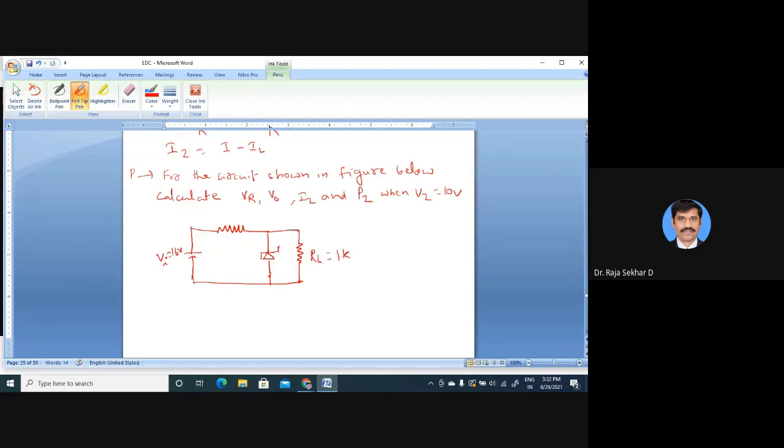RL is equal to 1 kilo ohm. This is IL, and it is IZ, and R is equal to 1 kilo ohm.